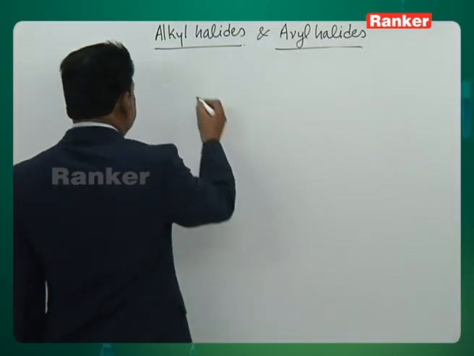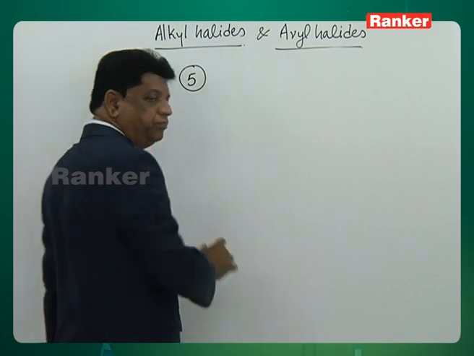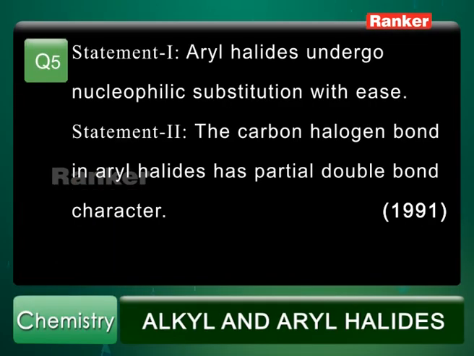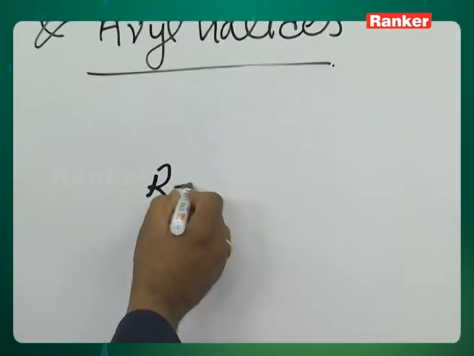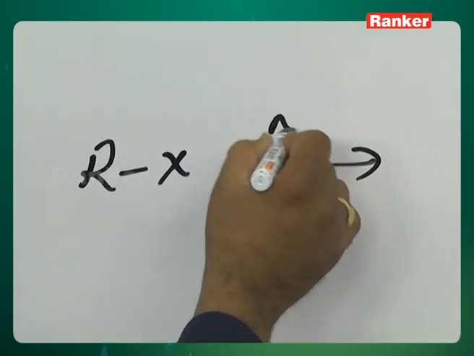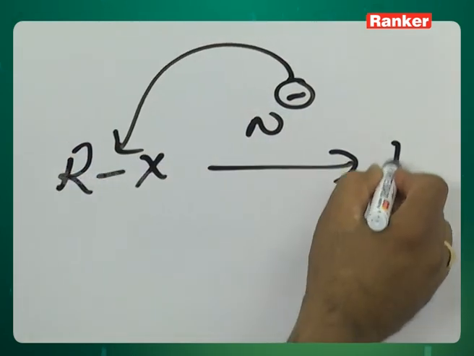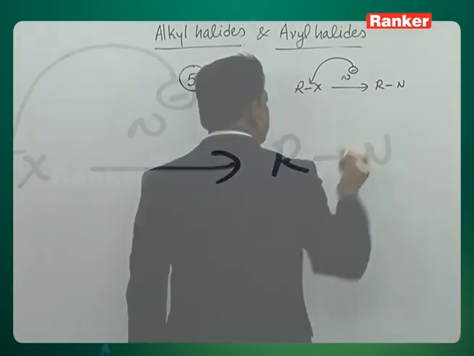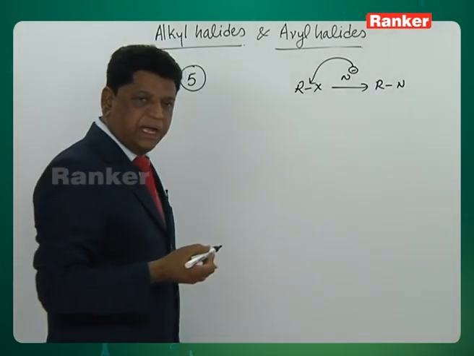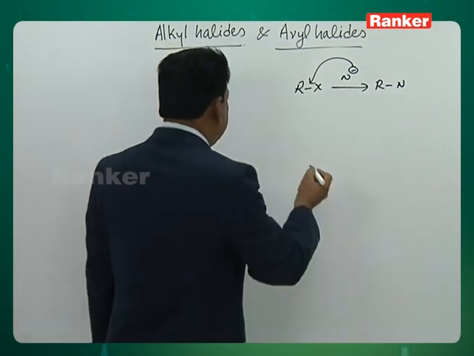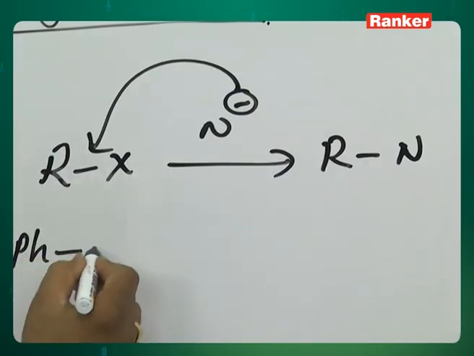So let us go to the next question, the 5th question. Statement 1 says aryl halides undergo nucleophilic substitution easily, and statement 2 says the carbon halogen bond in aryl halides has partial double bond character. In nucleophilic substitution of alkyl halides, if a nucleophile replaces the halogen, you get an R-Nu type compound.